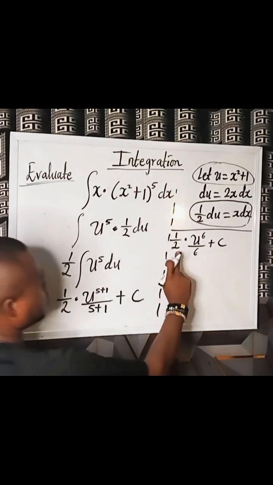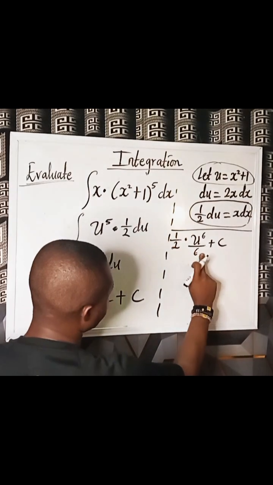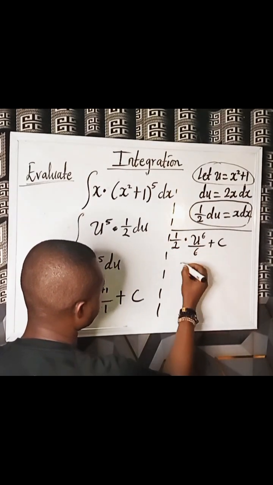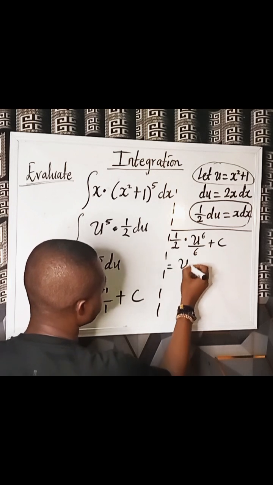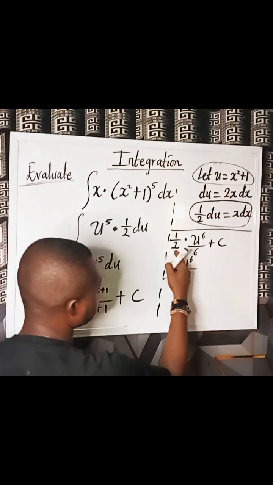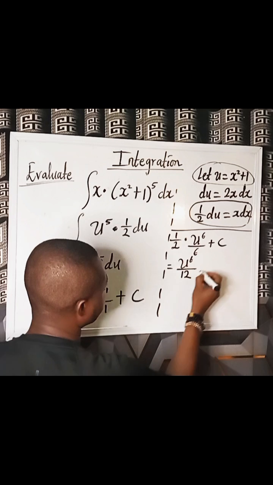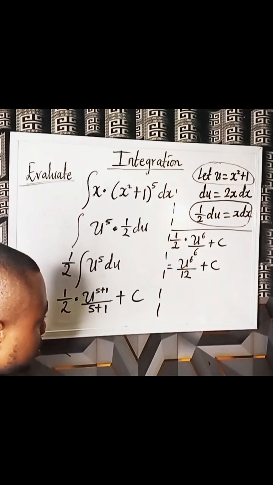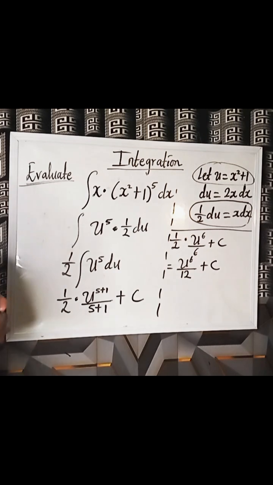So what do we do at this point? Of course, 2 times 6 will give us 12. We're having 1 times u raised to power 6, which is still u raised to power 6, over 2 times 6, which is 12. Then plus the constant of integration. Of course, this would have been the final answer.